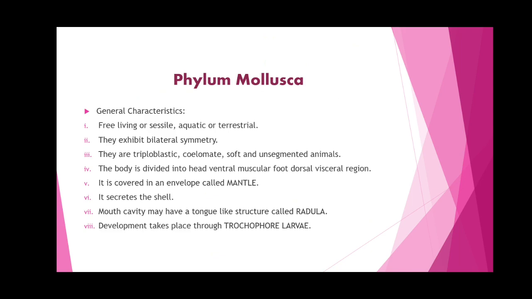One of their specialized structures is radula, which is the tongue of the organism, and its tongue bears numerous teeth which help in the grasping and cutting of its prey. And the developmental process takes place through a stage that is called trochophore larva.